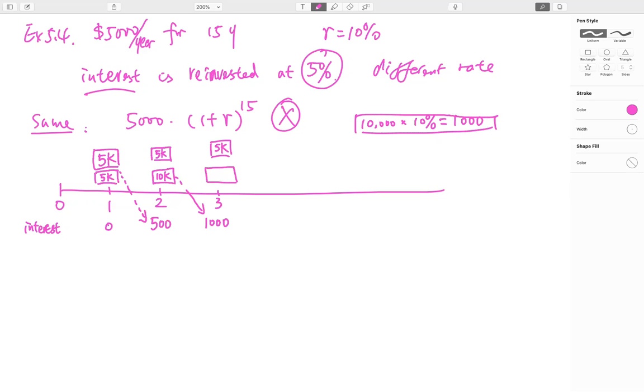Now the total becomes 15K. So meaning this will be 1,500. Okay. So and so on, right? Each time she adds new 5K. So here would be 20K, etc. Up to the last one.